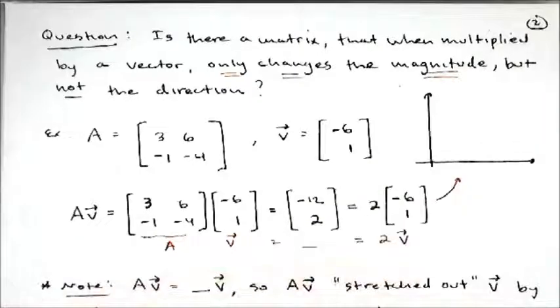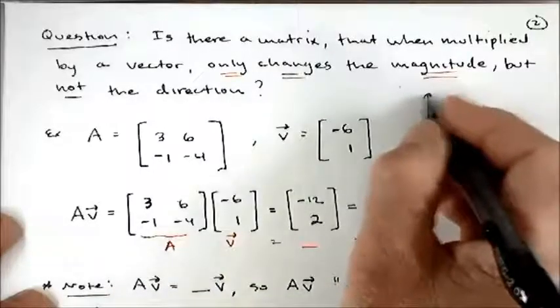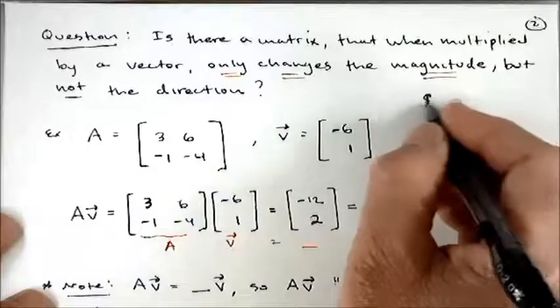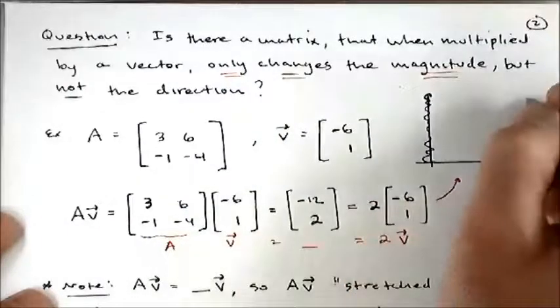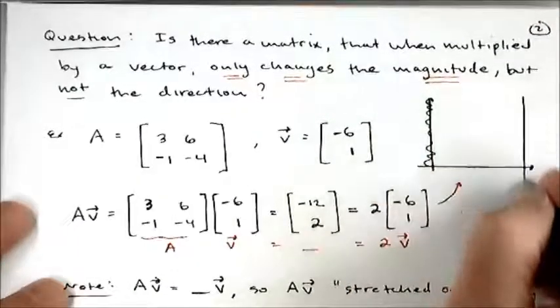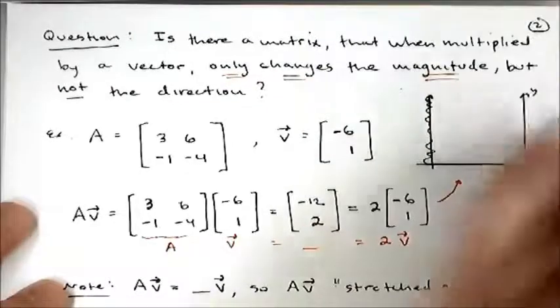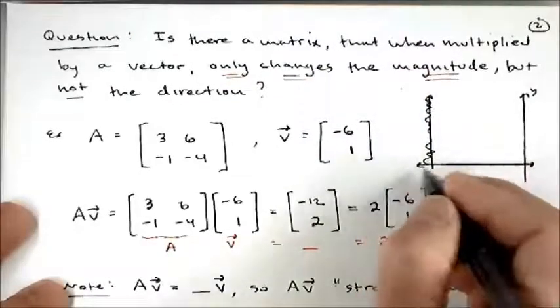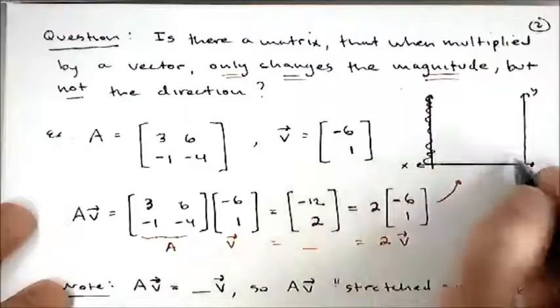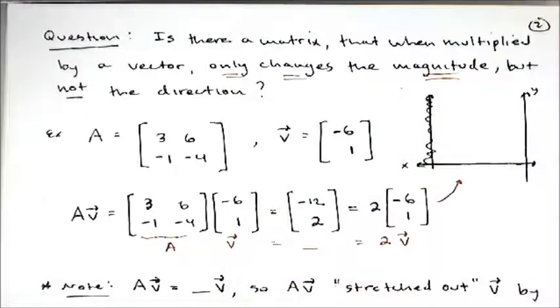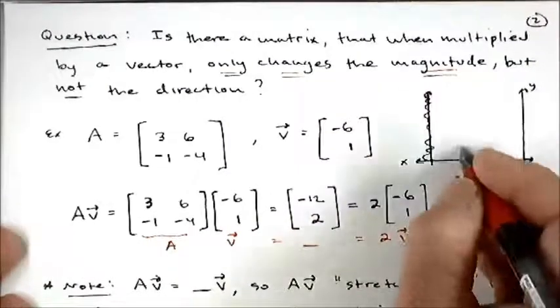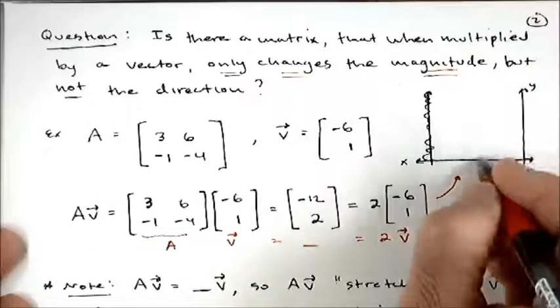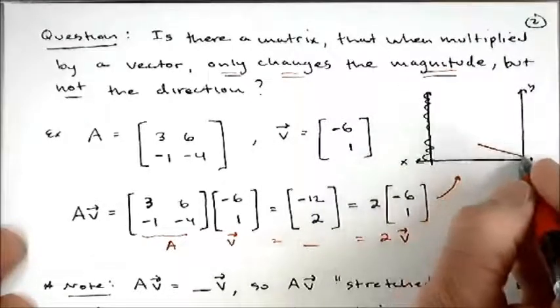I know what I could do. We could pretend, see, I can't erase in pen, we could pretend that I didn't actually draw that. Let's say I drew my y-axis right here, and this was my negative x-axis. So [-6, 1] might be a vector that's right here.